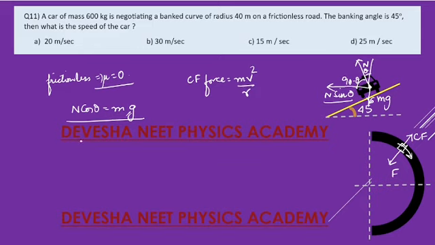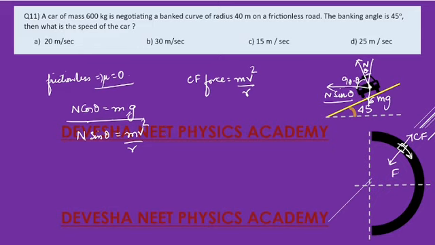In this case, there is no frictional force here. So in this case, we have n sine theta equal to mv square by r.